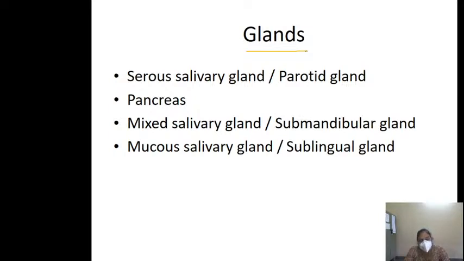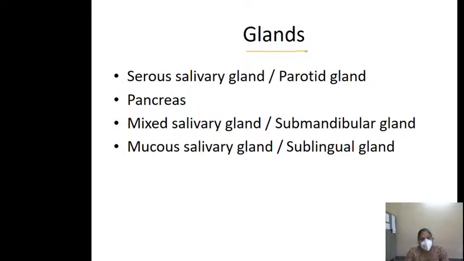An example of a unicellular gland is the goblet cell, and in the multicellular glands, the cells form a tissue or a structure, with a number of cells performing a similar function, so we call them multicellular. These glands are also divided into exocrine glands and endocrine glands, which is another classification.